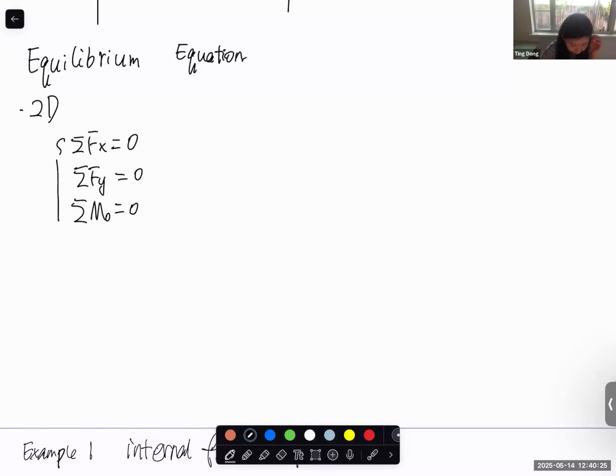And as I said, this xy can be the global xy direction, which is left, right, and upward. It can also be a local xy coordinate system, whichever is convenient for your calculation. For example, if you have an inclined structure, most of the time we put the x direction along the member, and then perpendicular to it becomes the y direction, if that's easier for you to calculate.